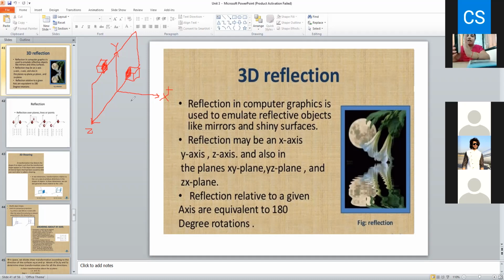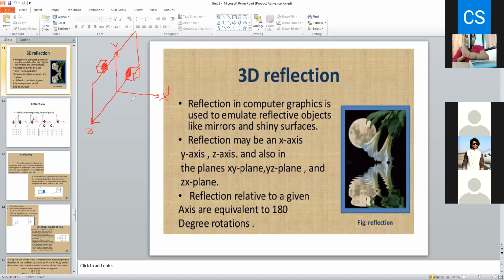My hand is acting as a YZ plane, and the object is placed this side towards the positive x-axis, suppose. After reflection, this white surface will be present here. That means the white surfaces face each other, right? Because the white surface was closer to the plane, after reflection also it is still closer to the plane. Getting it? Yes, ma'am.